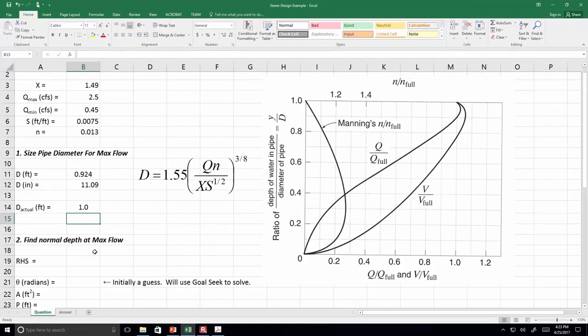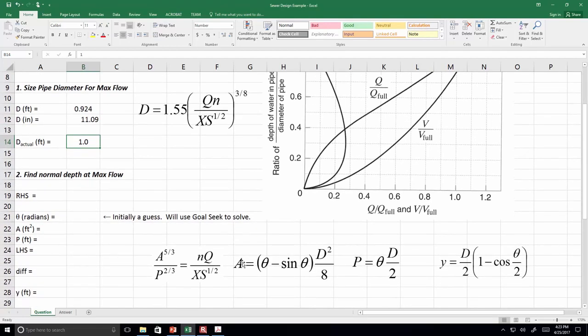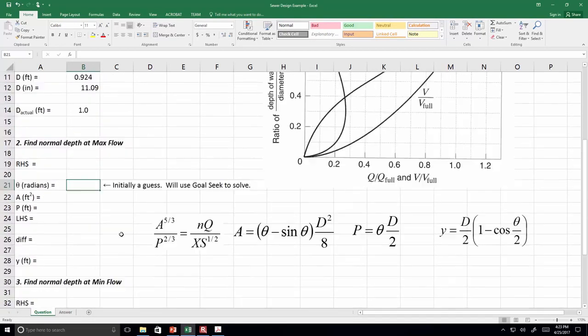So now what we have to do is say if it's 1 foot in diameter, how deep is the flow through there? The process that I've got set up here is, we're going to be starting with some guess value of what the angle is, and then solve for the normal depth at that guess.